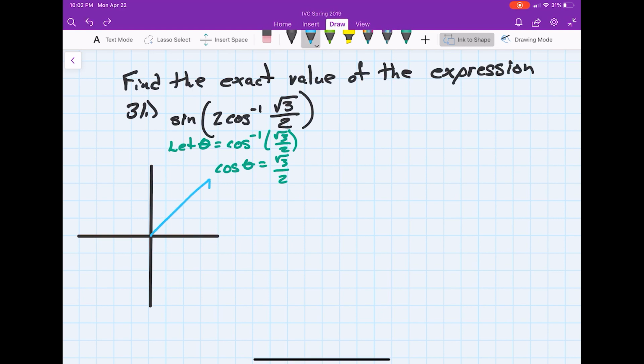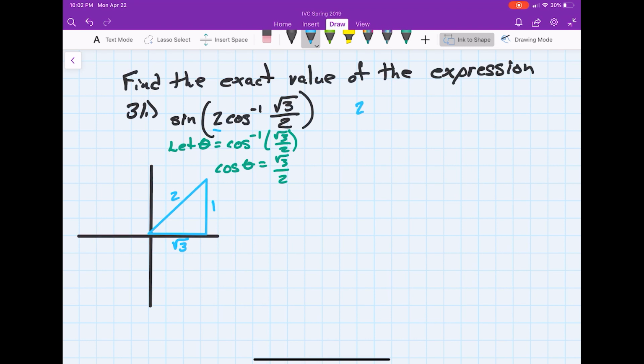We'll use blue. So cosine theta is defined by adjacent over hypotenuse. So we'll put our square root of 3 here and 2. And I already know that this is going to end up equaling 1 over here. In the interest of saving time, I'm not going to work that all out for you.